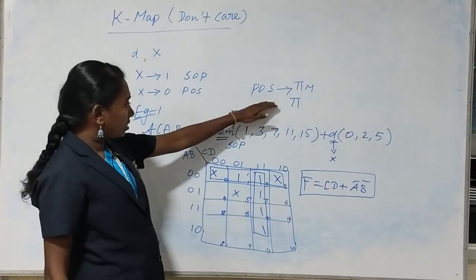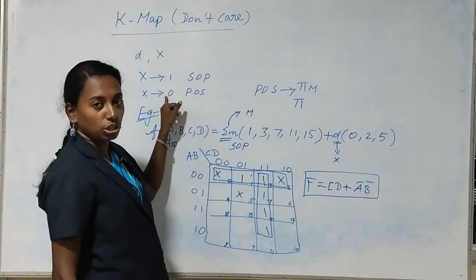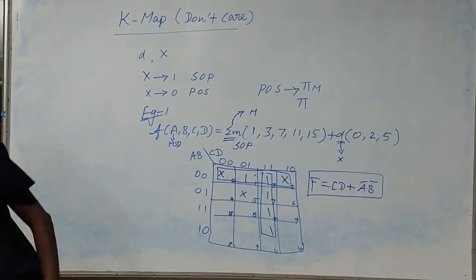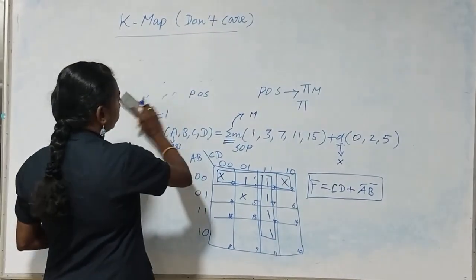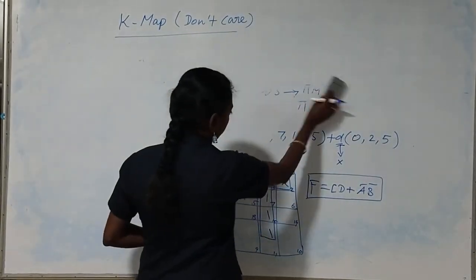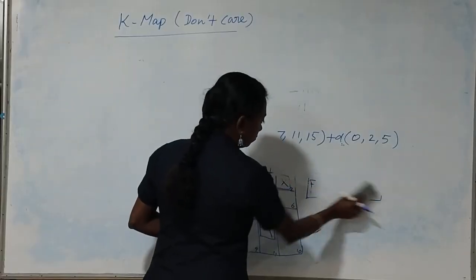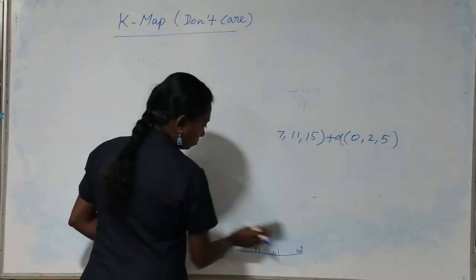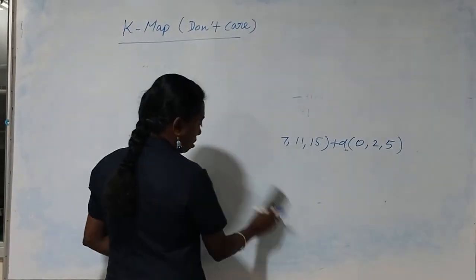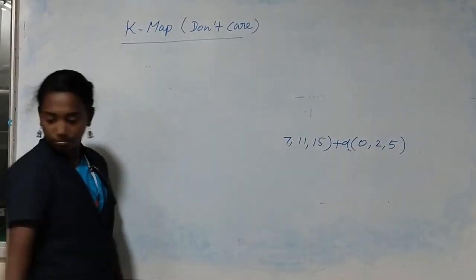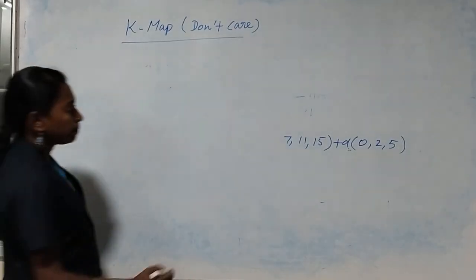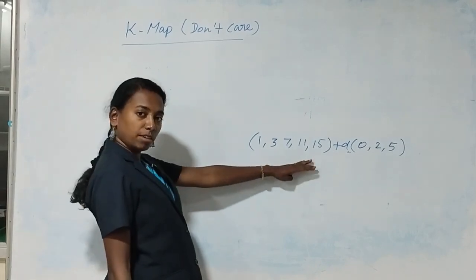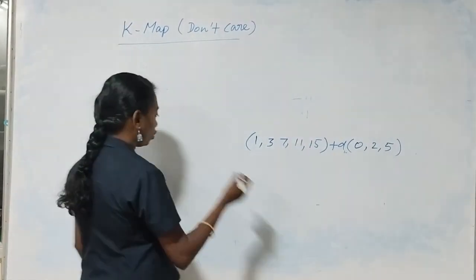So in that case, instead of X, you should mark 0 and then proceed with the same steps. Okay, we will try to proceed the same steps with the same values for your POS.